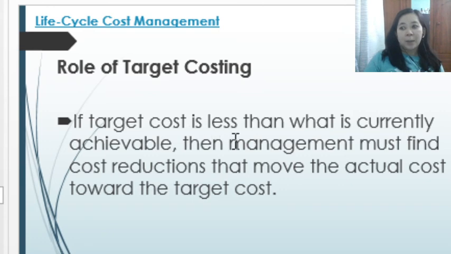So here, target costing will be the same as our cost control, because in this case, the entity should produce exactly based on the target cost. That's why if the target cost is less than what is currently achievable, we should move the actual cost toward the targeted cost that they have established.